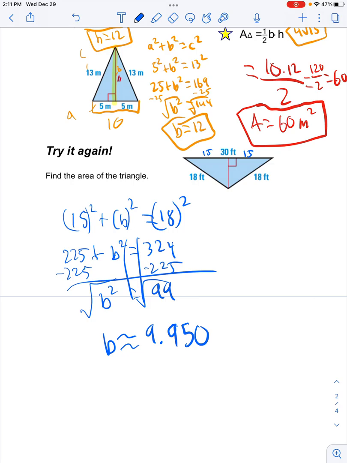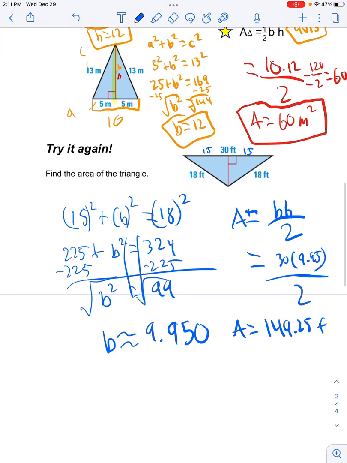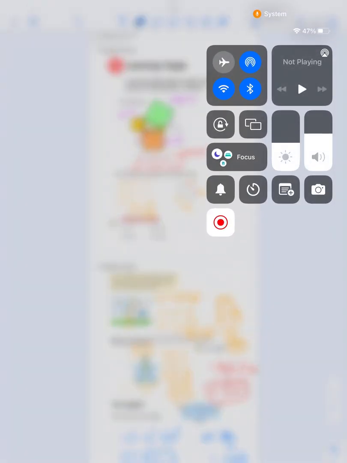So then I'm going to take that number and plug it into my area formula. So area equals base times height divided by 2. Area equals 30 times 9.95 divided by 2. And 30 times 9.95 divided by 2 gives me 149.25, and my unit is feet squared. There you have it.